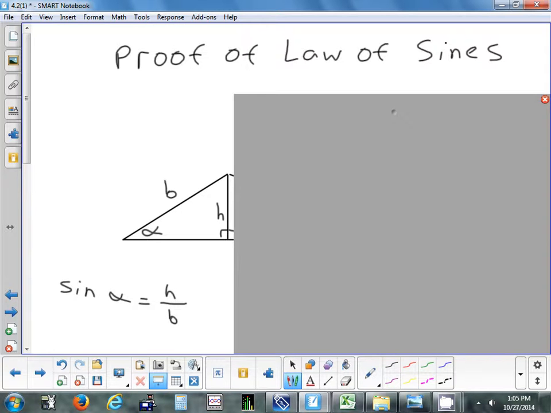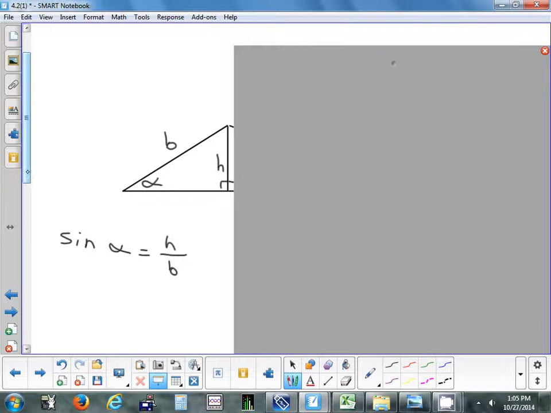Next I want to solve this for H. I want to get H by itself. Ryan, how would I get H by itself? If you multiply by the reciprocal, that would be B over H, and then you're going to end up with an H in the denominator. We've got an H in the numerator, that's okay. I just don't want the B there.